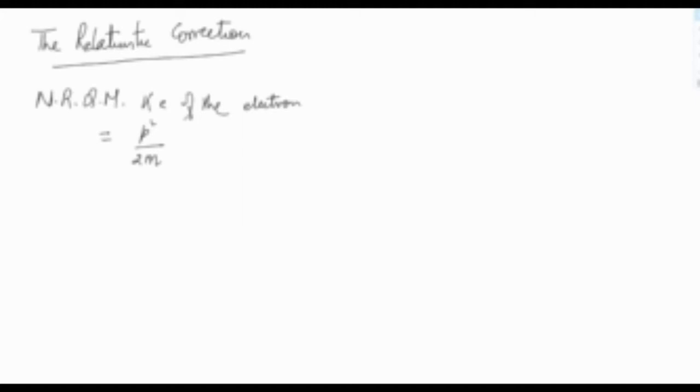But when we talk about the relativistic formula, we have E square is equal to P square C square plus M naught square C4. This M naught is the rest mass of the electron, or in general of the particle.